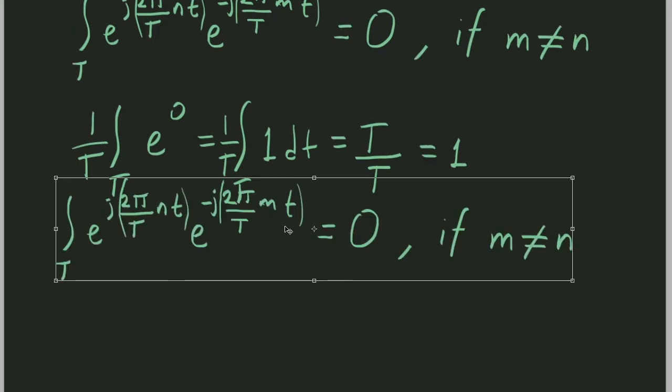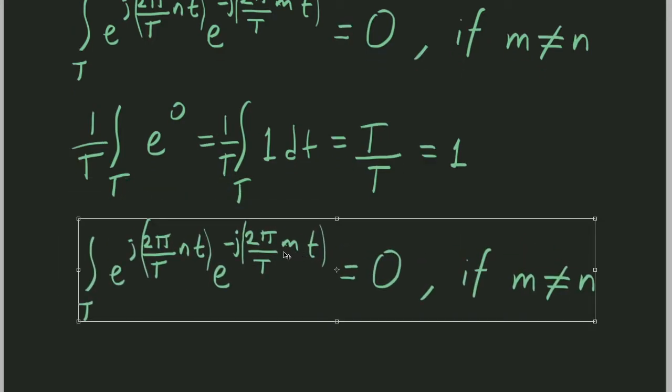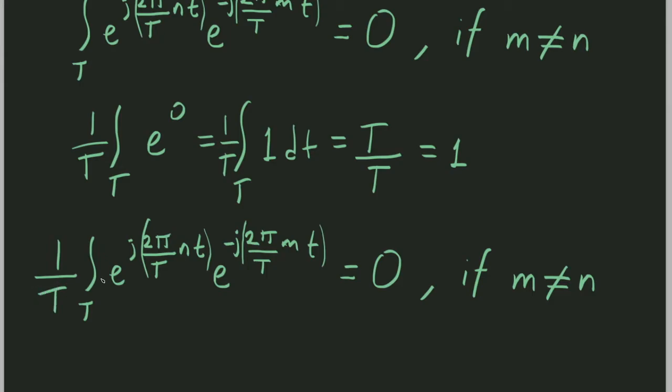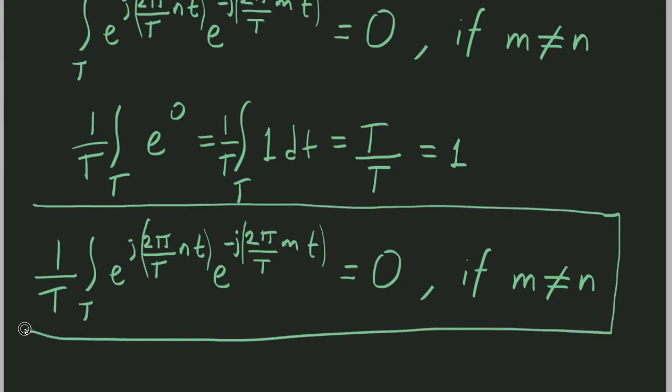Therefore, our new formula would be 1 over T times the integration of two complex exponential functions. Now we will talk about why this function is important.